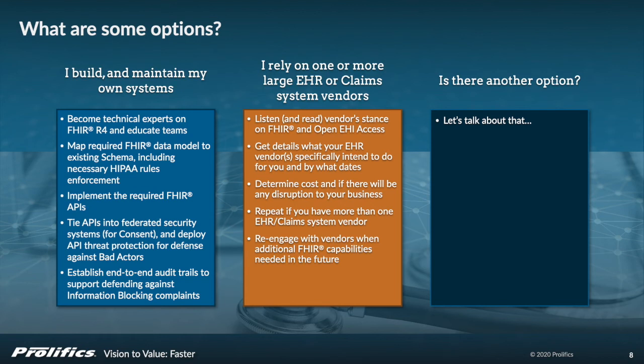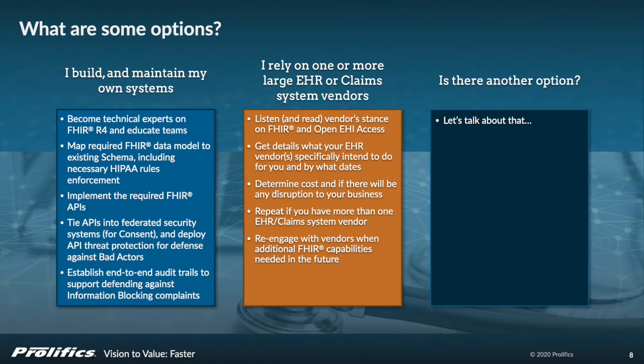The things you need to do if you fall into that category is really dig in, listen to what they say, read what they've published regarding your vendor's stance on the mandates, FHIR itself, and open electronic health information access, and get details on specifically what your vendor is going to do for you, with times and dates, so that you know that your vendor is going to support you from a compliance perspective.